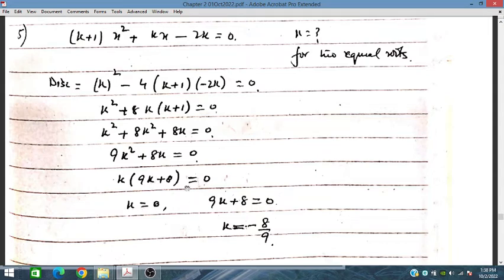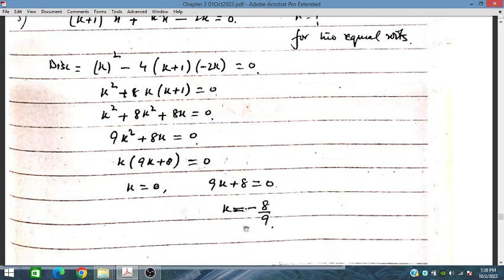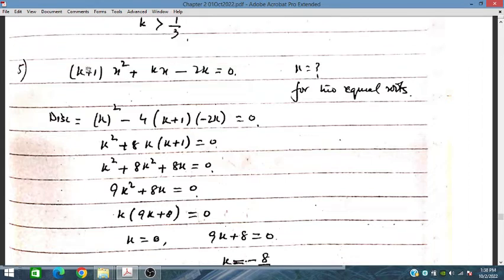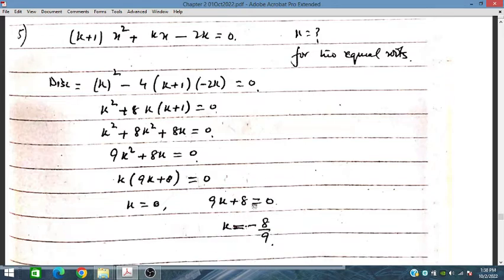So k is equal to 0 and k is equal to minus 8 upon 9. So two conditions. If we take k equal to 0, we have 2 equal roots. If k equals minus 8 upon 9, we get 2 equal roots.